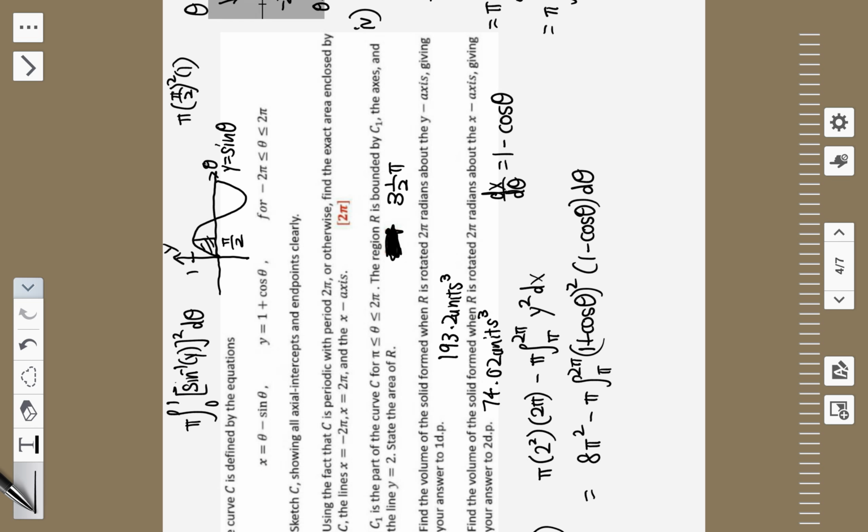But think of it, your y is just sine theta, so your sine inverse y is just what? No, we are integrating with respect to what? 0 to 1 is with respect to y. Okay, so that's the problem, right?